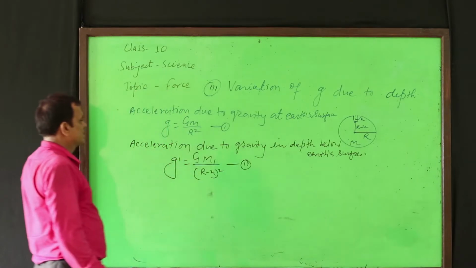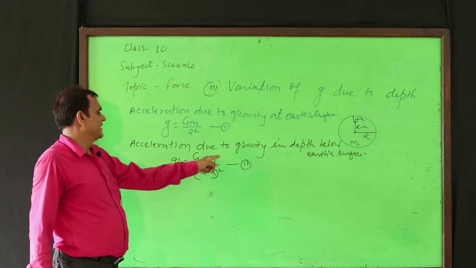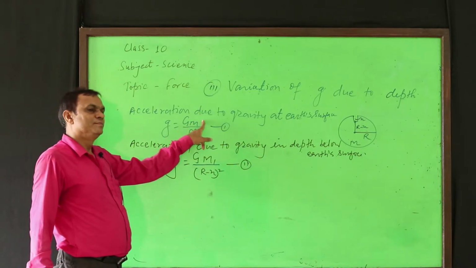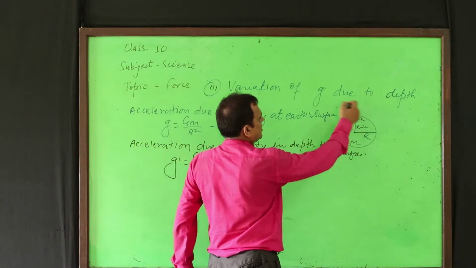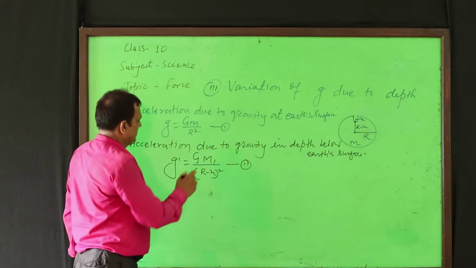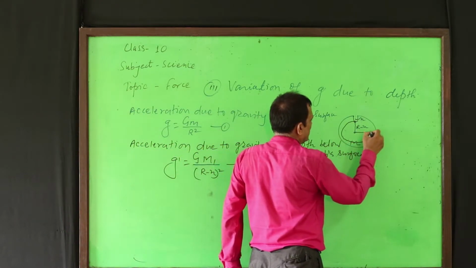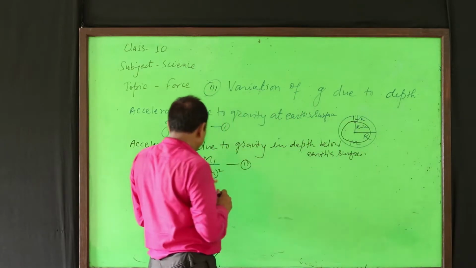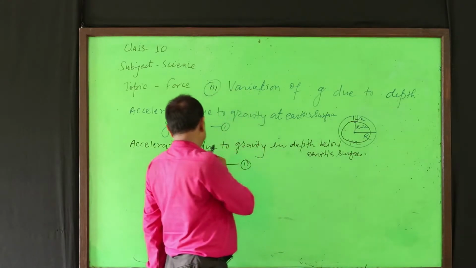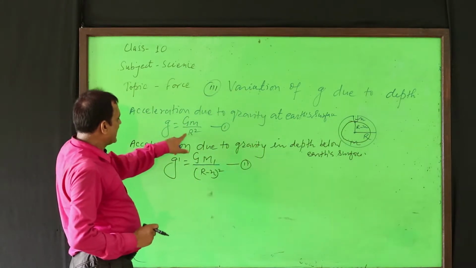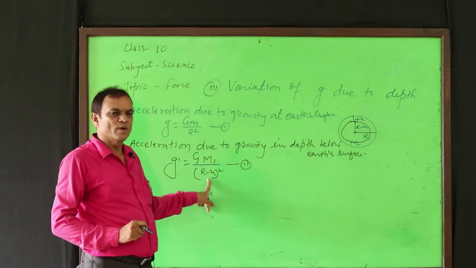Dear students, please try to understand why I wrote M1 here although there is capital M. Because this M indicates the complete mass of the earth, but this M1 indicates the mass of this portion of the earth only. So we can't write capital M for the mass of this part of the earth. So I wrote M1 here, and R square is here, but here I have written R minus x whole square.